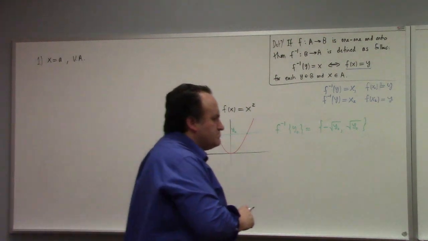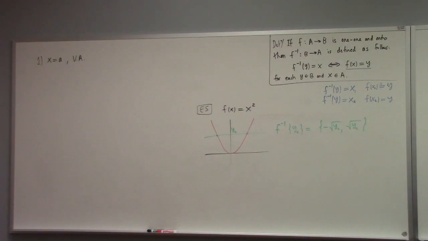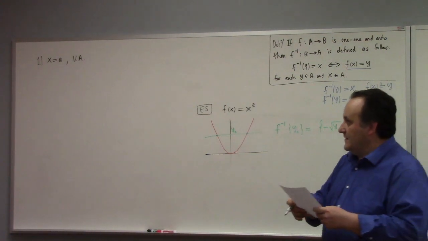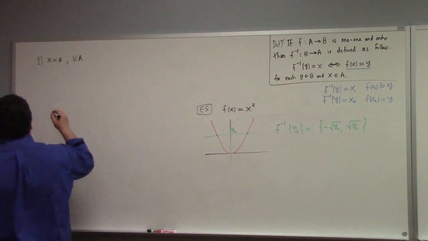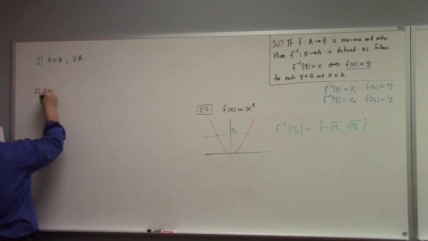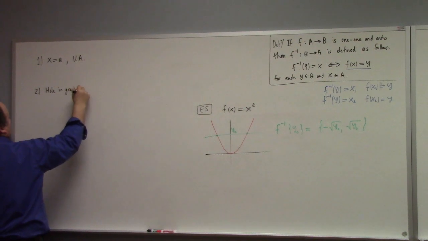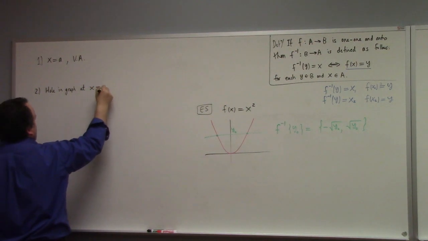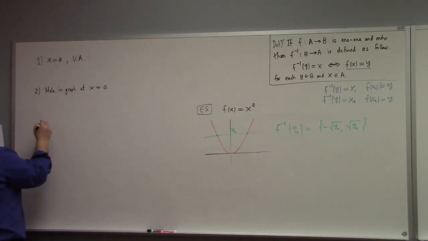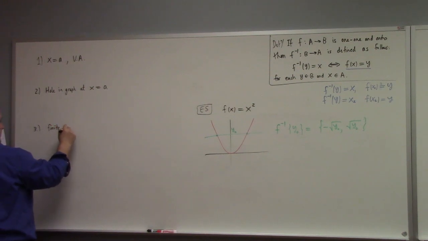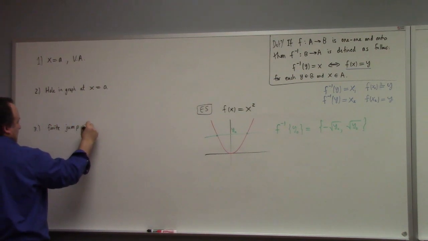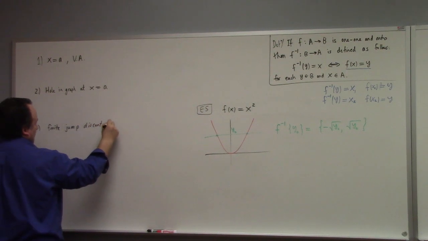I have four other questions for you to think about. How about if you've got a hole in the graph at x equals a? How would you explain that in terms of a limit? What if you've got a finite jump discontinuity at x equals a?